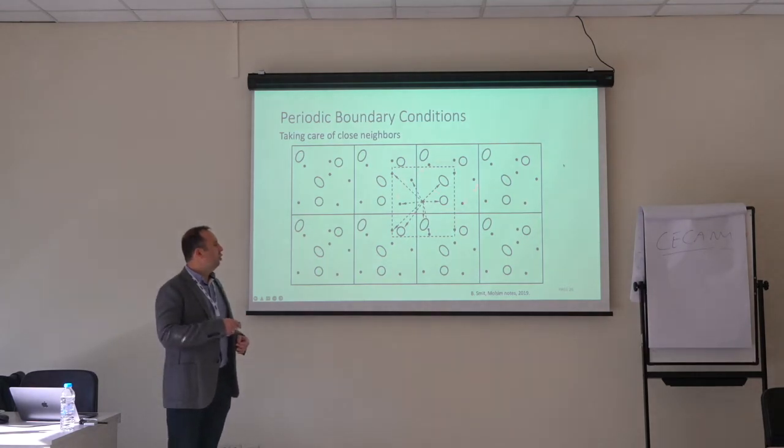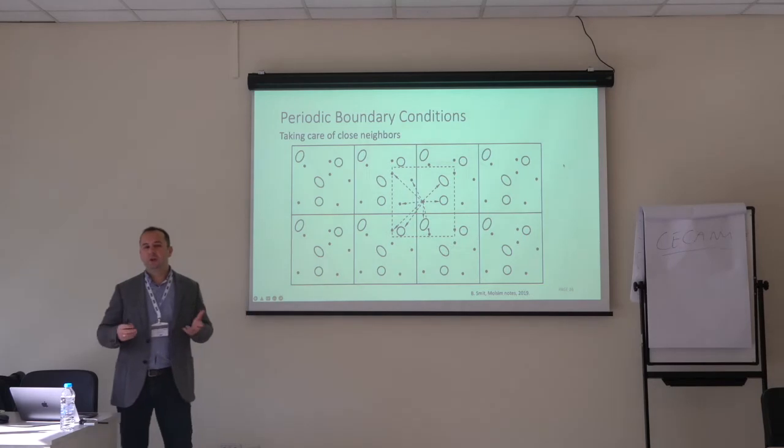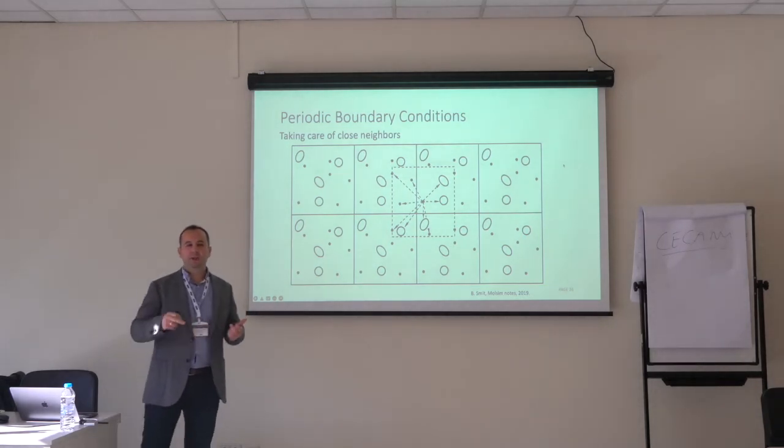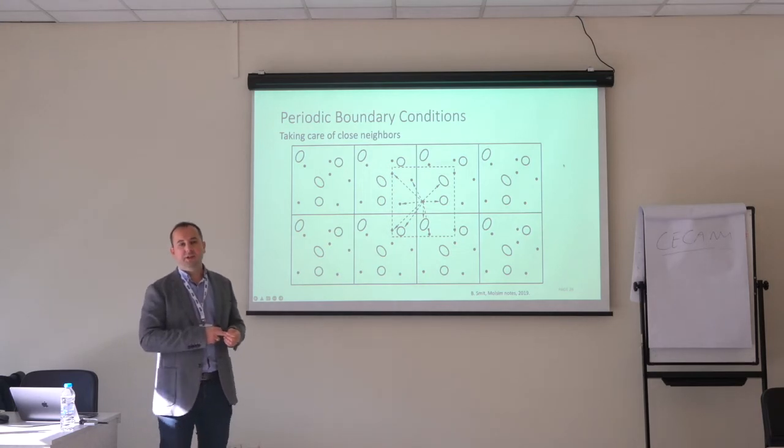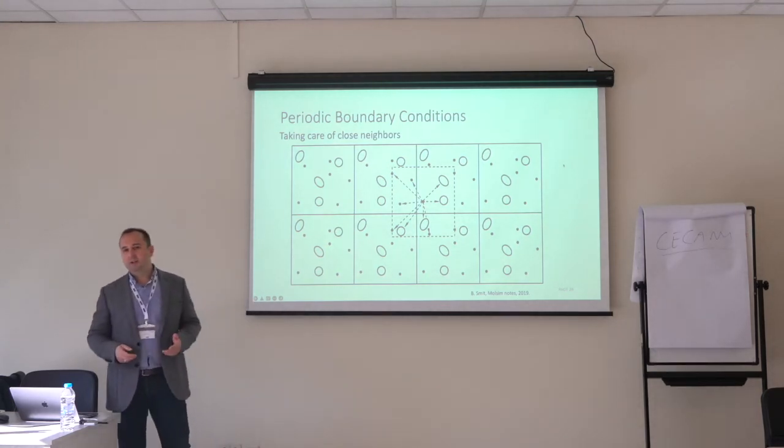And you may as well compute all the possible interactions for the bonded, for the angular potential, for the non-bonded interactions, for the hydrogen bonds, for the electrostatics, etc. But you don't do that for the sake of computational time.